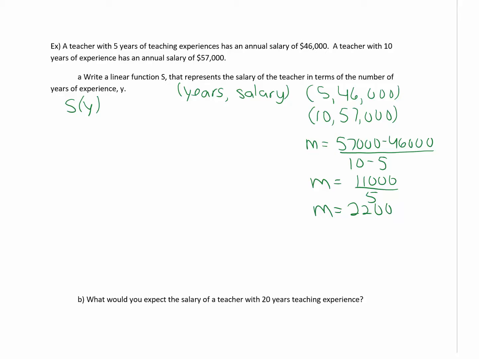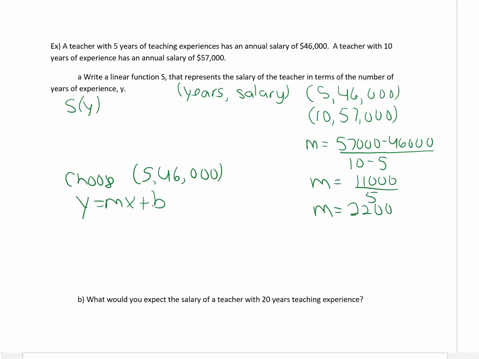Now, we need to calculate the y-intercept. So we need to pick one of the ordered pairs. So I'm going to choose this ordered pair. So I'm going to use slope-intercept form. Okay. We solve for b.